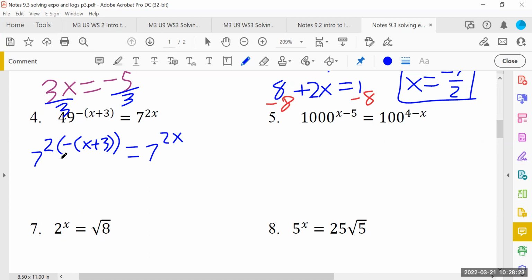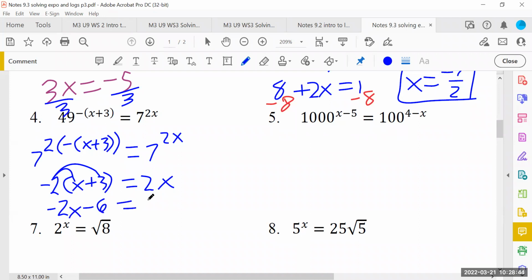So a cleaner way to write this is probably to multiply the 2 and the -1, make this -2 times x plus 3 equals 2x. Then I can do the distributive property. -2x minus 6 equals 2x. It's a 2-step equation. Add 2x to both sides.